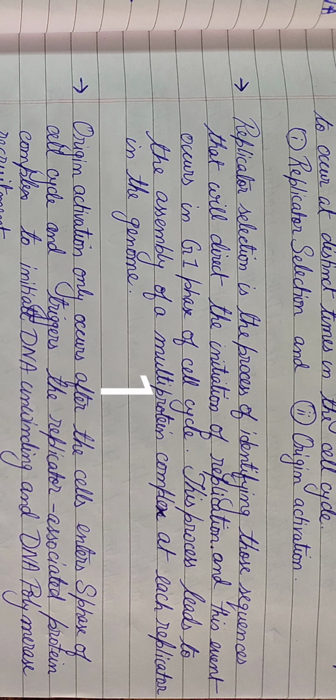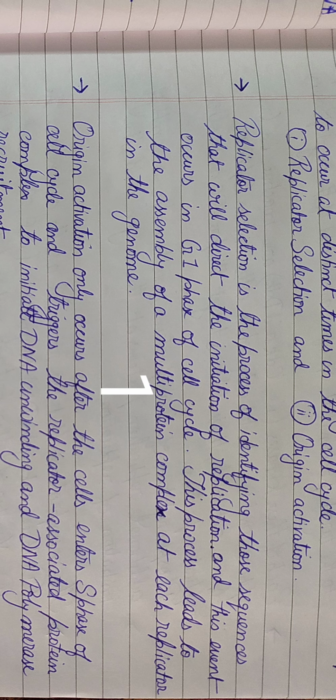Now eukaryotes have multiple origins of replication, as we know, because eukaryotic genomes are much larger than prokaryotic ones. So we have to make a whole copy of the DNA so that it can be distributed into two daughter cells during cell division.